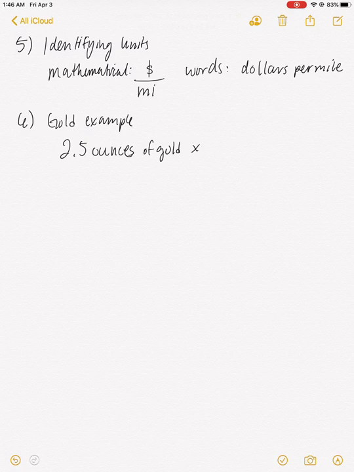If I want to cancel the diagonals, then we have to do the dollars in the numerator divided by 1 ounce, and the ounces in the denominator, because they will cancel at diagonals here. And I end up with dollars, which is what I wanted. So we cancel those, and when I do 2.5 times 1,200 in my calculator, I get $2,000.